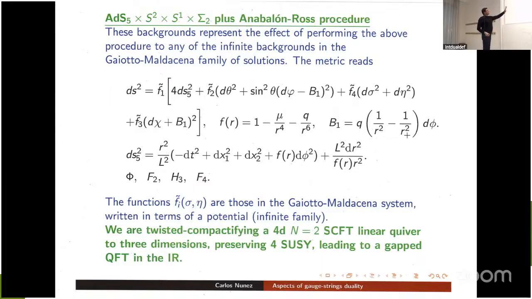Instead of the two-sphere and the circle, something is disturbing the two-sphere and the circle: this one-form, P1, that is mixing, as you can see, and lives on the direction 5. So it's mixing the U(1)_R symmetry of the theory with the U(1) in which you compactify the theory. And then there are these functions F1, F2, etc., that are related to those in the Gaiotto-Maldacena solutions. Okay?